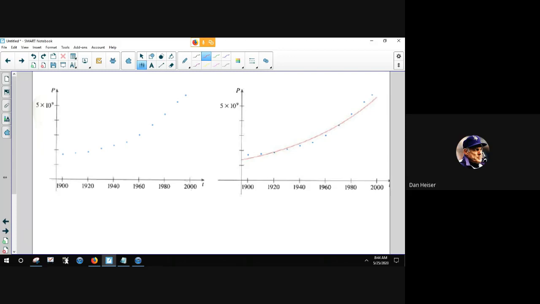The equation for this curve right here is the lovely, this particular book calls it P of T, population and then time.